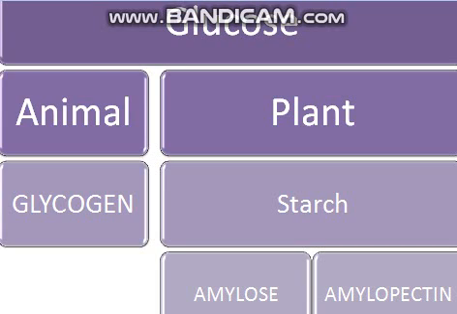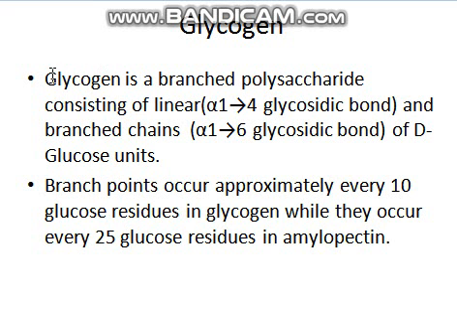Next, you can clarify the statement by reading this. Glycogen is a branched polysaccharide consisting of a linear and a branch chain of D-glucose units. Branching points occur approximately every 10 glucose residues in glycogen, while they occur after every 25 glucose residues in the case of amylopectin.